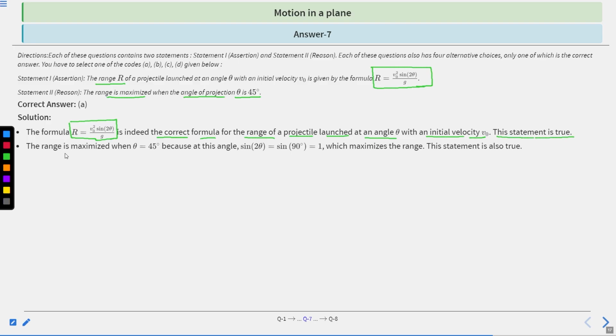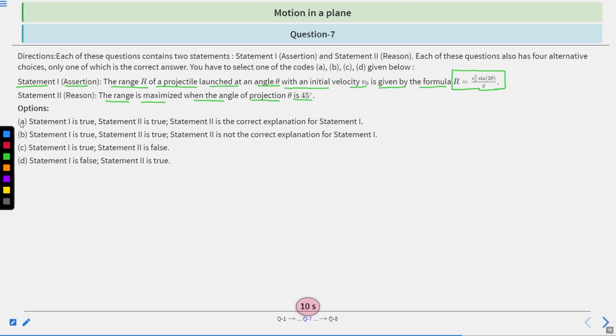And the range is maximized when theta is 45 degrees, because at this angle sine 2 theta equals sine 90 degrees, which is the maximum. So this statement is also true, and it is the correct explanation. The correct answer is A.